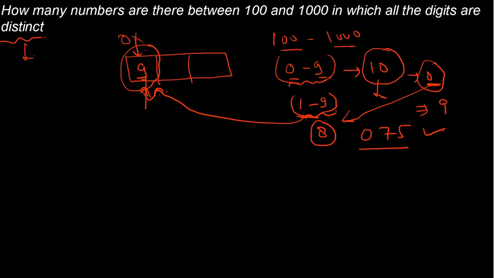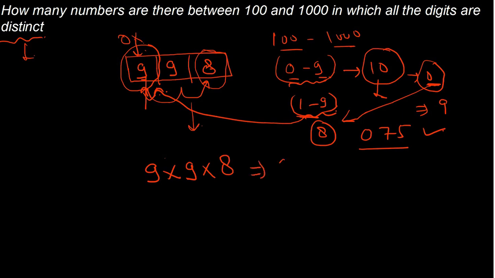So this place can be filled in 9 ways, and this place in 8 ways. Again, these are all dependent works. Unless you fill the last digit, you cannot say that the work is completed. So first place filled and second place filled and third place filled means multiplication, so the total is 9 into 9 into 8, which is 648.